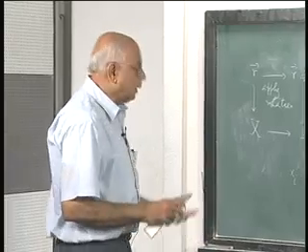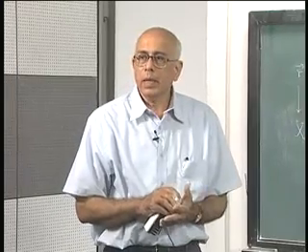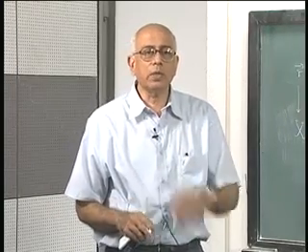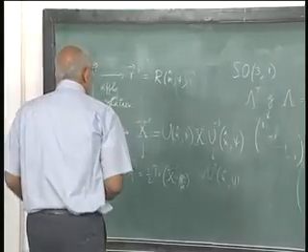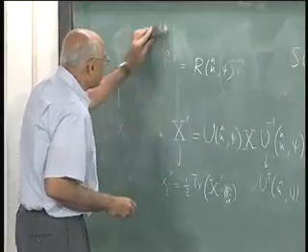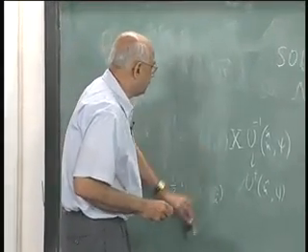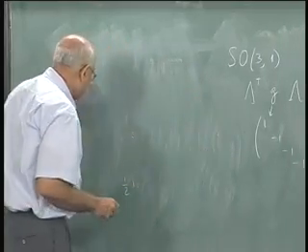But before I do that, I want to come back a little bit to classical mechanics and show you how invariances and symmetries are closely related to each other, and they are related by a theorem called Noether's theorem. I seem to have run out of time.